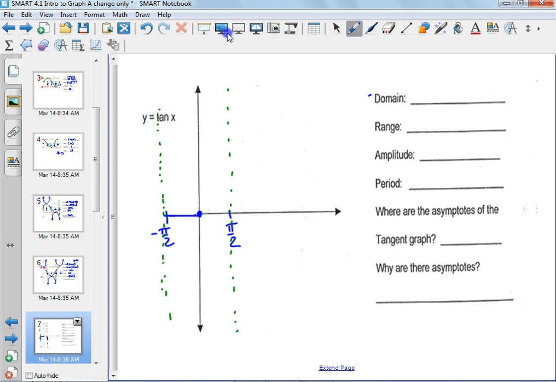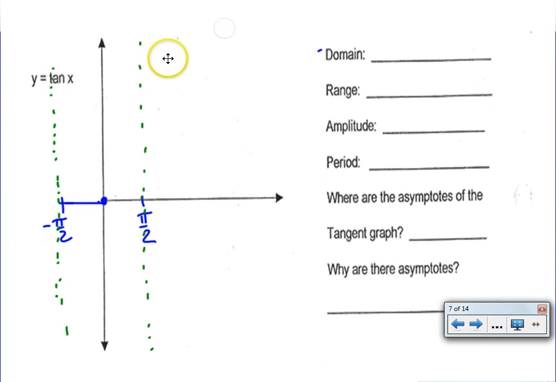Where else is tangent undefined on the unit circle besides pi over 2? Negative pi over 2, yes. 3 pi over 2, yes. So knowing what you just told me, I'm going to call this pi, this 3 pi over 2, and this 2 pi. Alicia just told me that there should be another asymptote at 3 pi over 2. This is a really terrible job.